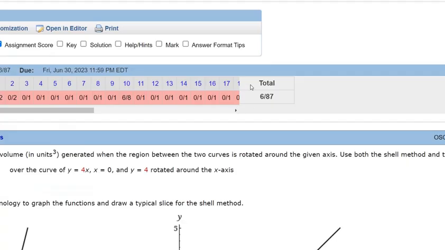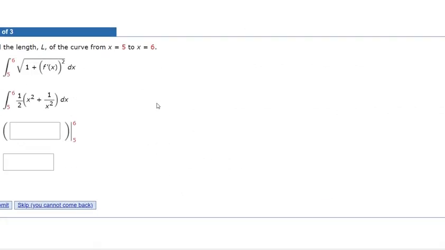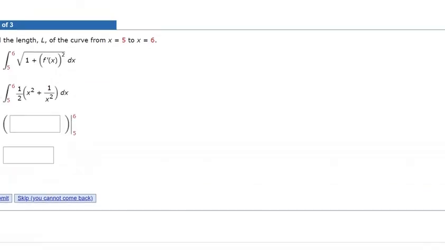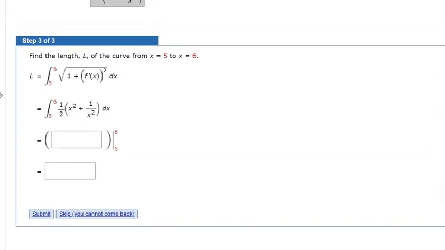Still loading on my screen. Okay, that's what they were looking for. And now we can finally do the arc length formula. The derivative is supposed to go inside the parentheses. Oh, and they've already simplified it for us because you're taking the square root of something that's squared. So we can go term by term here.